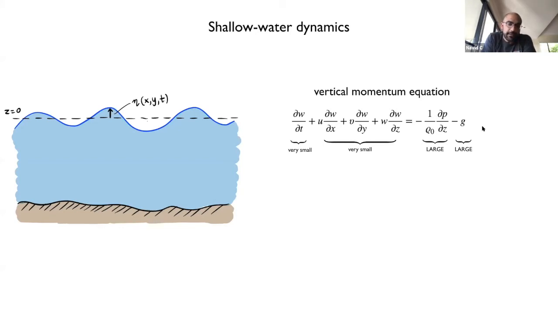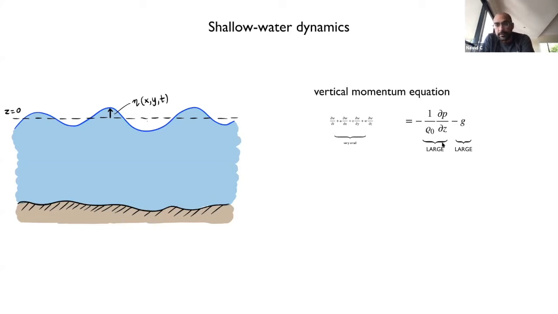And as Marty and Annie were saying, these terms on the left are really small, because the vertical velocities are so small. If you put numbers there, this is like 1 and this is 1 million. So we might as well forget the left-hand side and just deal with the right-hand side. And this is exactly the hydrostatic balance.